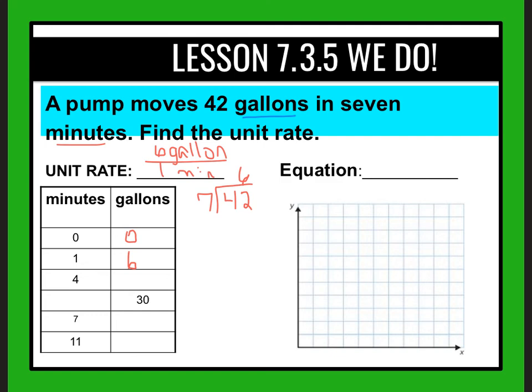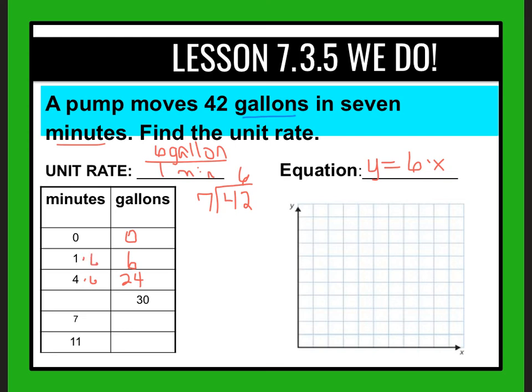So again, if it's 0, 0, 0 minutes, 0 gallons, that means I'm multiplying by 6 every single time. And my equation would be y equals 6x. So in 4 minutes, if I multiply that by 6, that's going to be 24 gallons.